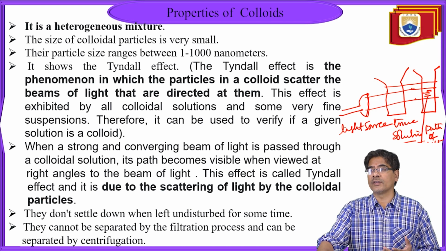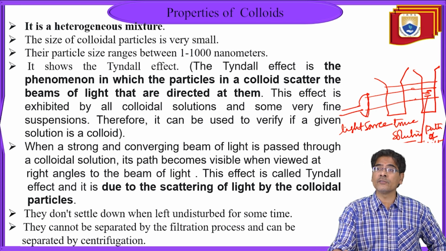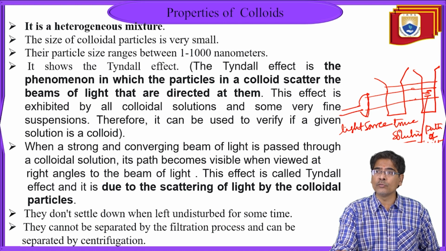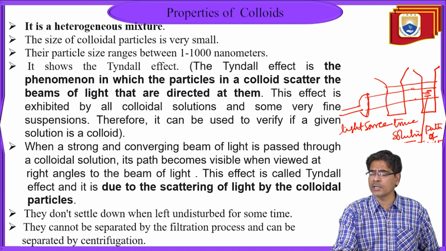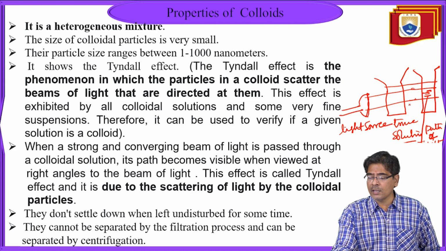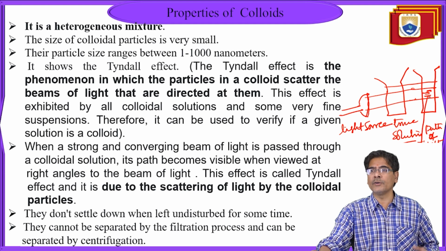A light source is allowed to fall on a colloidal solution, and if you see that, we can observe the path of the light visible in that solution. That is obtained due to scattering.